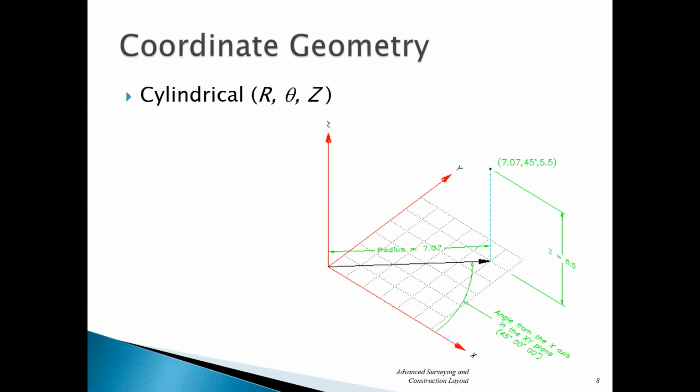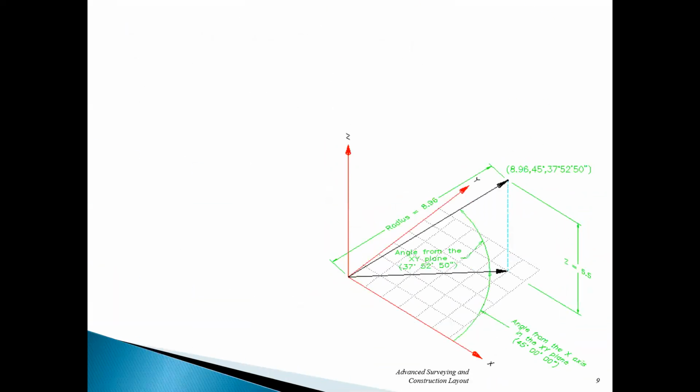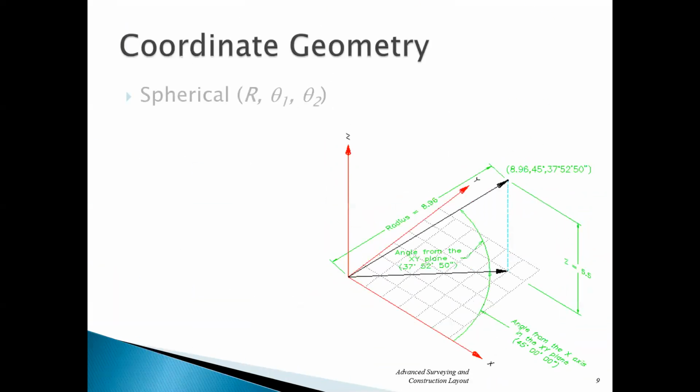Here's the interesting thing. This, which is called a spherical coordinate, is what your instrument is actually doing. If you're using a total station, it's measuring the angle in the XY plane, the one down in the grid. It's measuring the angle from the grid up, or it could be from the zenith down, either way.